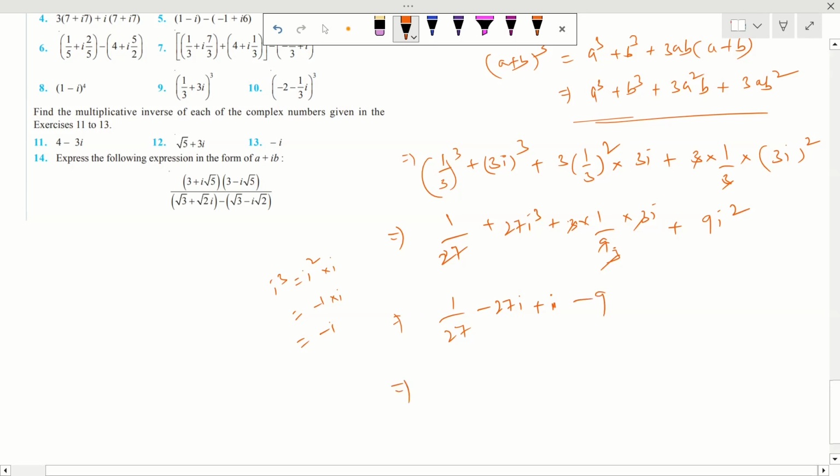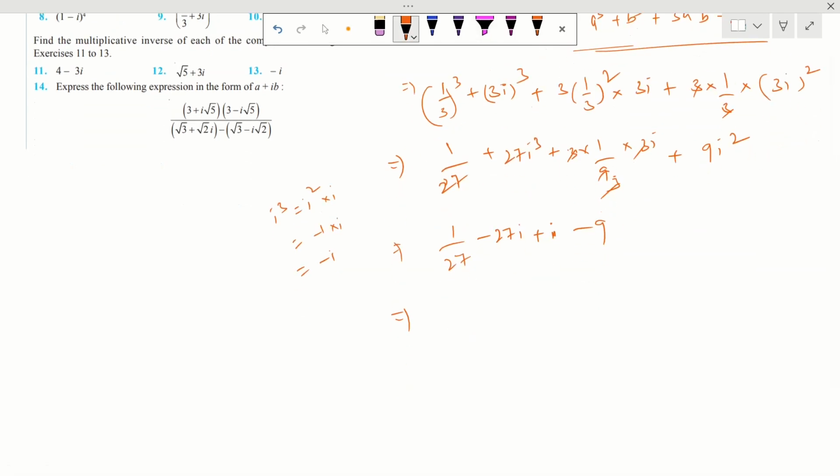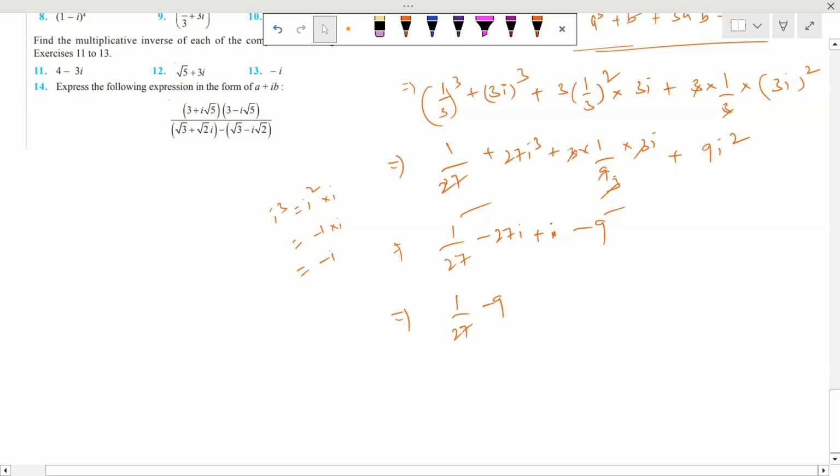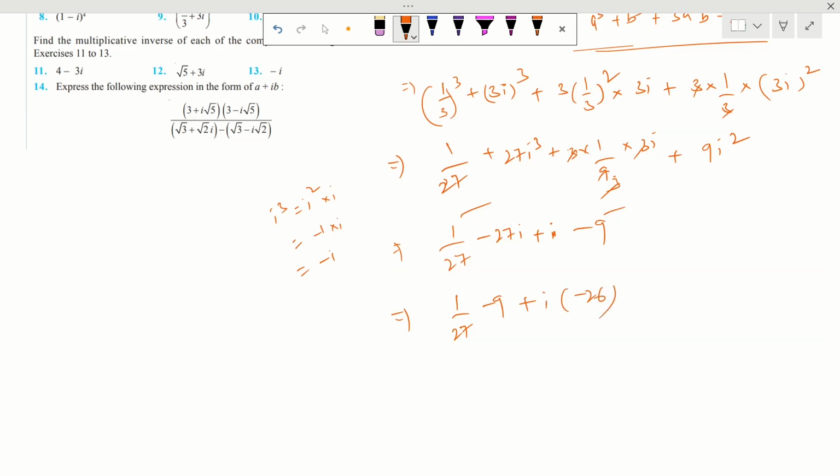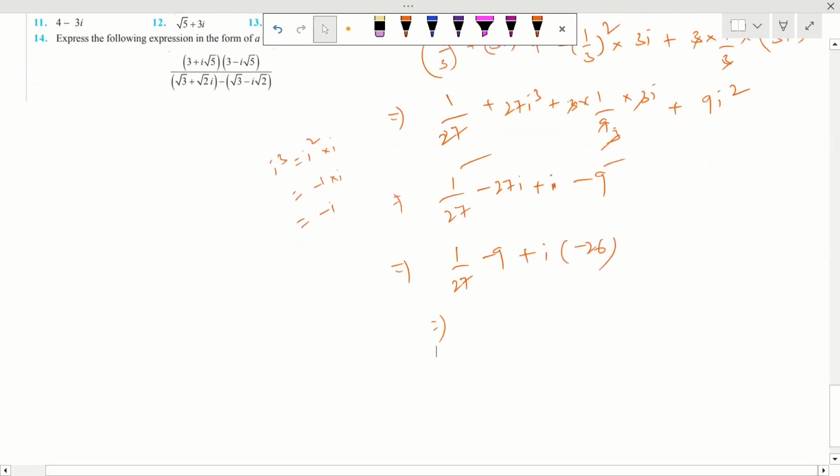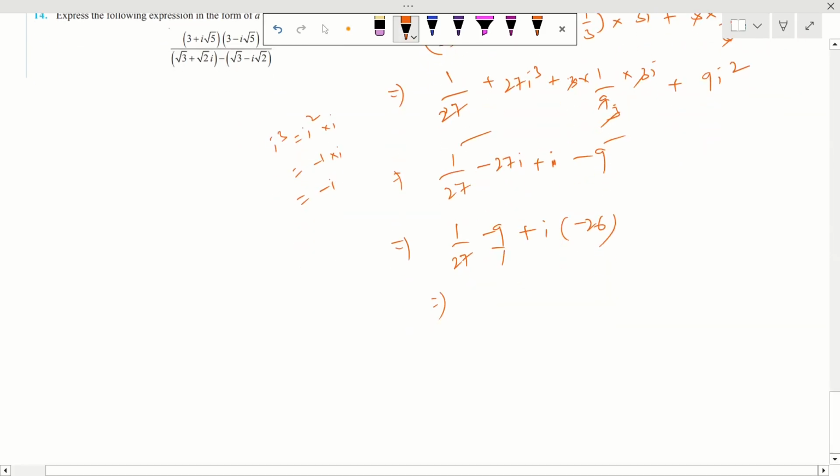The real part I am writing is 1 by 27 minus 9, and the imaginary part is 27i minus i, that is 26i, I am writing it as i minus 26 over 27. Otherwise you can keep this as 1 by 27 minus 9 i minus 26. This is in the form of a plus ib.